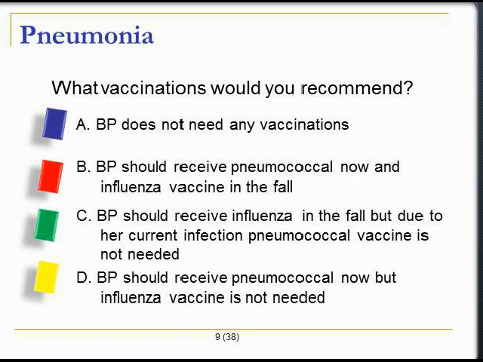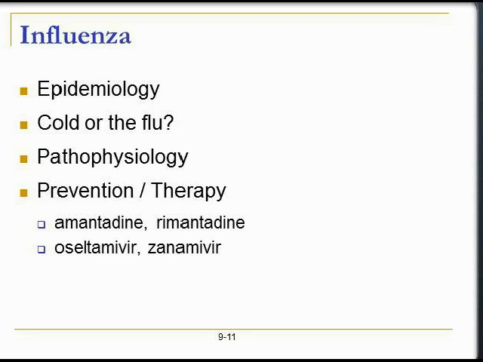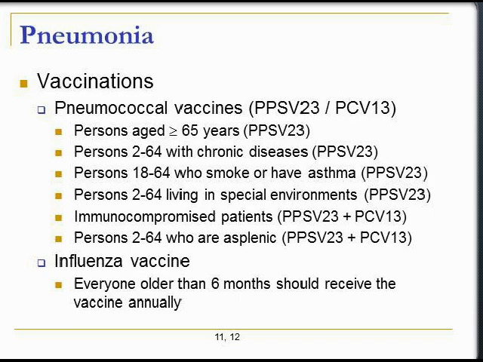All right, most of you should be on top of your vaccines, so I'm not going to spend a lot of time with that. There's a lot of information on influenza, which you can see in your book, that talks about how to differentiate influenza from a cold, a little bit about the pathophysiology, and then information on pages 10 and 11 regarding prevention and therapy of influenza.